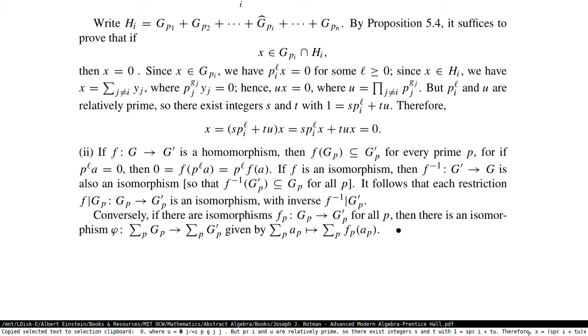Then from that inverse, you also get this relation for free. You use that again. Then you also have the restriction, right? So if you restrict f from G to just the primary component, and it goes to the primary component G prime P, then that's also going to be an isomorphism.